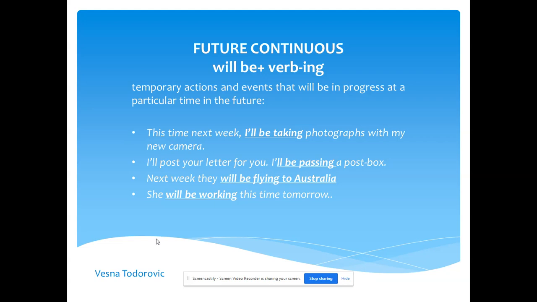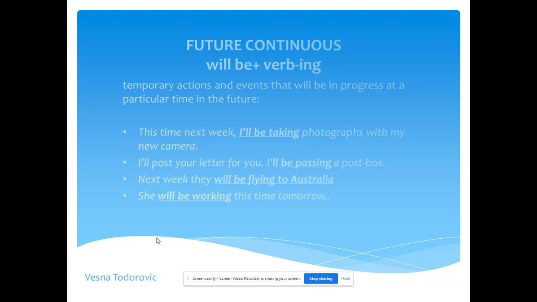So this time next week, I'll be taking photographs with my new camera, or she will be working this time tomorrow, describing the very last sentence. So something that we expect to be doing at a specific moment in the future.